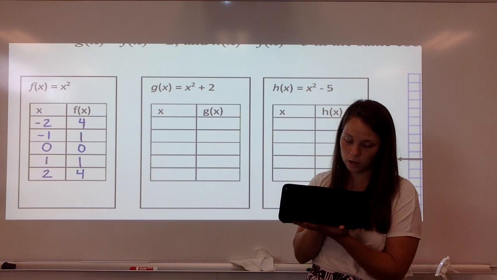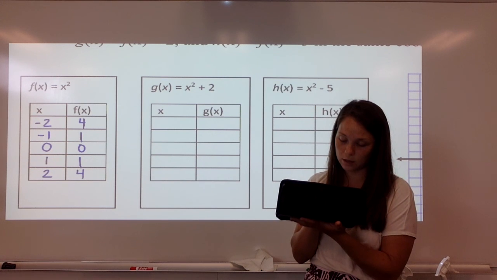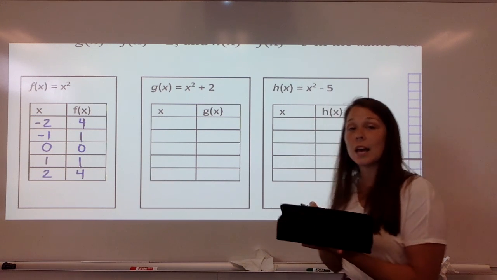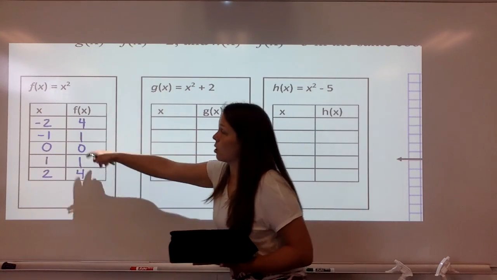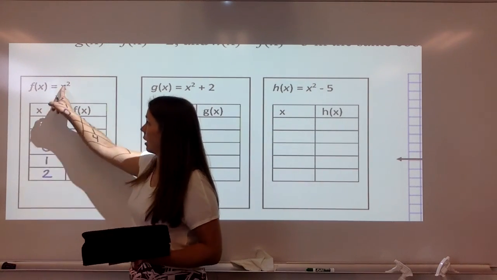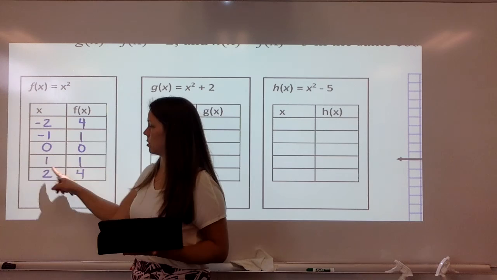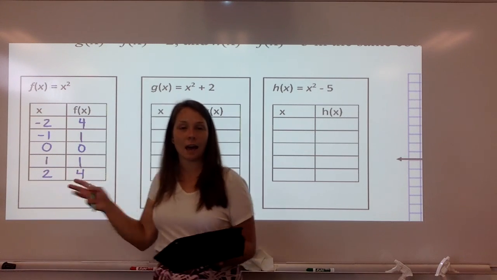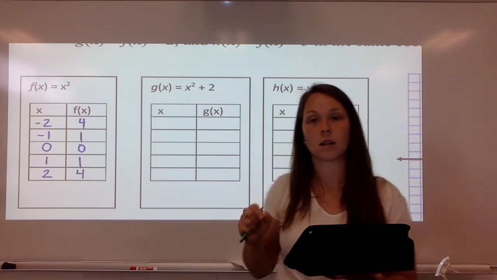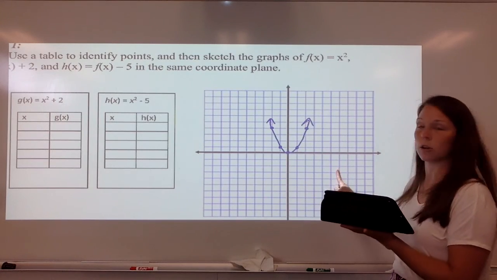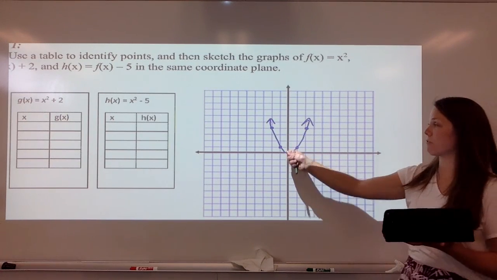And I know you can't see it on the screen right now, but I am graphing these points. So negative 2 squared is 4, negative 1 squared is 1, 0 squared is 0, and so on and so forth. And I have these graphed on the grid. So this is our parent function.